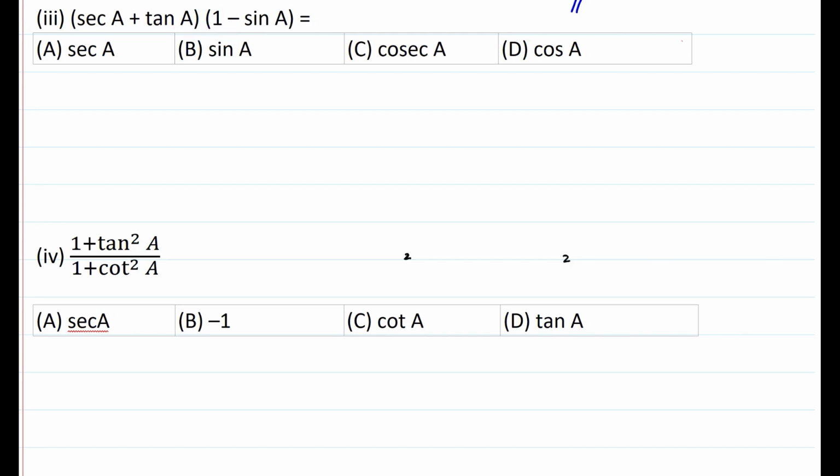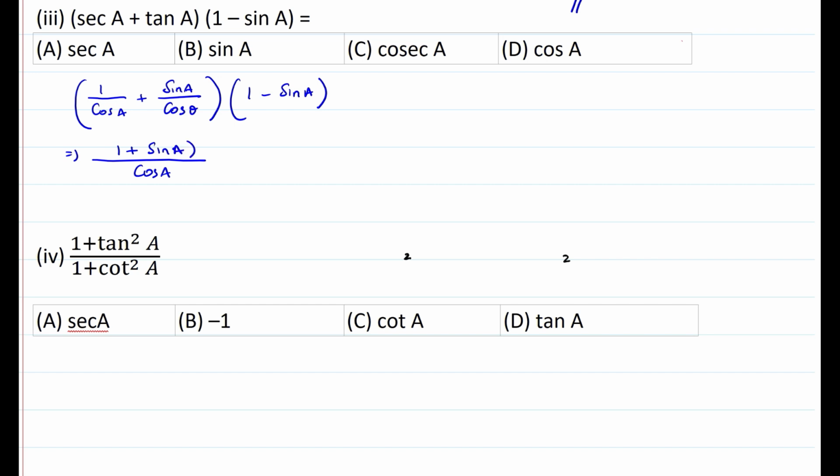Secant A can be written as 1 by cos A plus sin A by cos A, the whole thing multiplied into 1 minus sin A. Next step, we take cos A as LCM, then the numerator will be 1 plus sin A into 1 minus sin A. If you take this term as A and this term as B, this is of the form A plus B into A minus B, which is equal to A square minus B square.